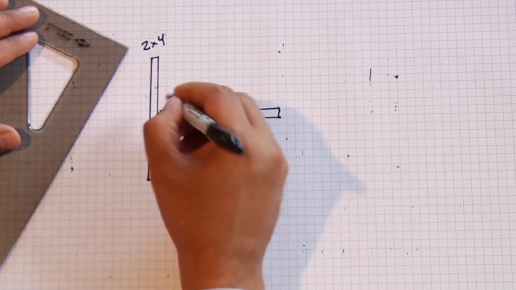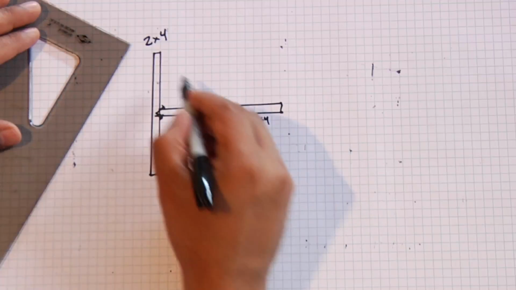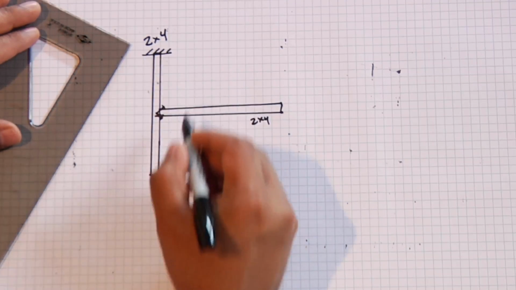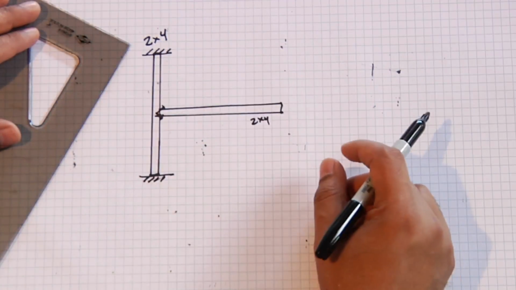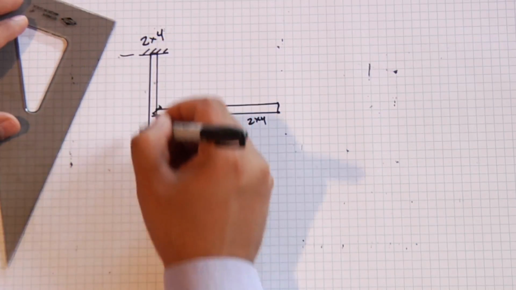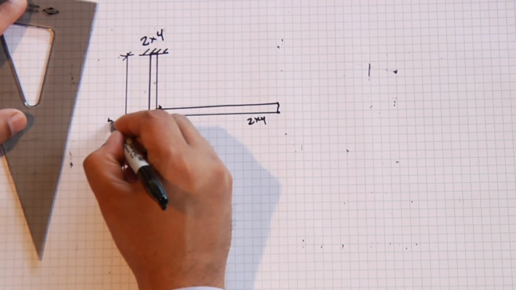And I'm going to nail these two together. This is what's commonly referred to as a toenail connection. So this is a 2x4 and this is a 2x4. And we'll anchor this vertical 2x4, and you could do this by having two people hold it, and we'll throw a distance on there for right now. We'll say that this is 5 feet.